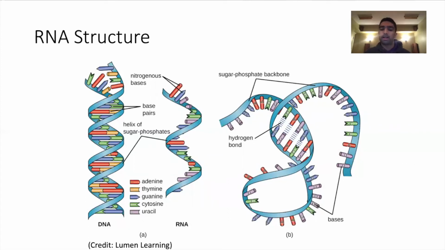But RNA can just like flop around a lot. And as a result of that, it can hydrogen bond with itself, which is what the base pairing I talked about earlier is. And that allows it to form some very interesting conformations, and it can do some really interesting things that we'll talk about later.